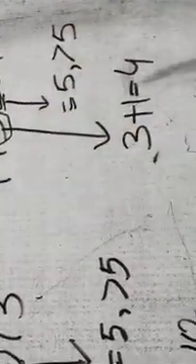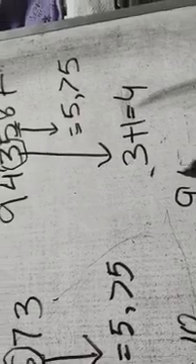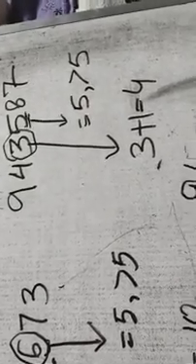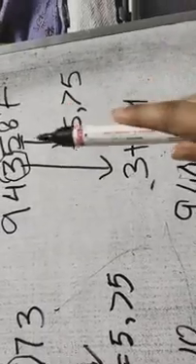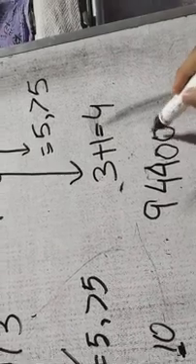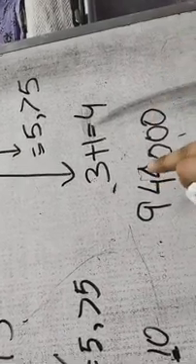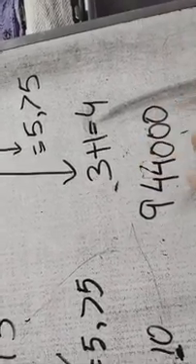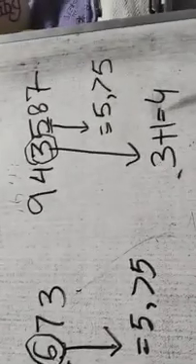So this whole number will become 9, 4 and 3 also has become 4, and the rest of the 3 digits from hundreds: hundreds will become 0, tens will become 0 and ones will also become 0. So this has rounded off to nearest thousands.